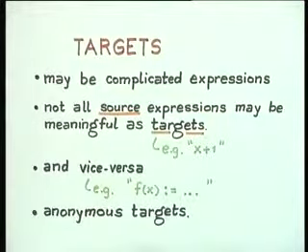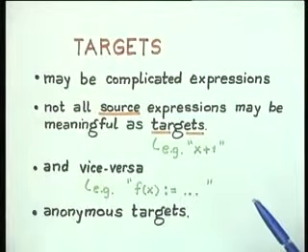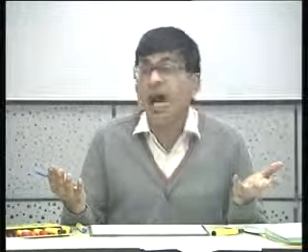So there is a separate subset of the expression language which targets can be. Not all source expressions can be meaningful. There is a separate sublanguage of source expressions. So in the whole language of expressions, you can actually divide it into, well, not really divide it, because they're not two disjoint sets. There are two subsets, valid target expressions and valid source expressions, and they are not disjoint.